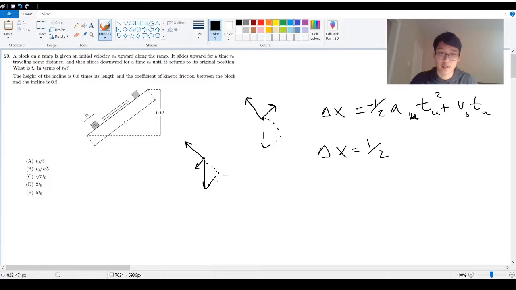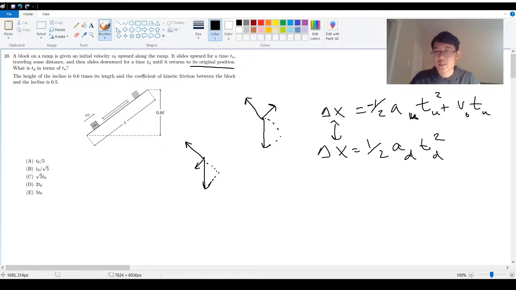Because it's in the opposite direction of v0. And then we also have delta x equal to 1/2 a_d t_d squared, because it doesn't start with an initial velocity. These two delta x's are the same because we want to see it going back down to the original position. We can figure out the accelerations, then plug them in and simplify.